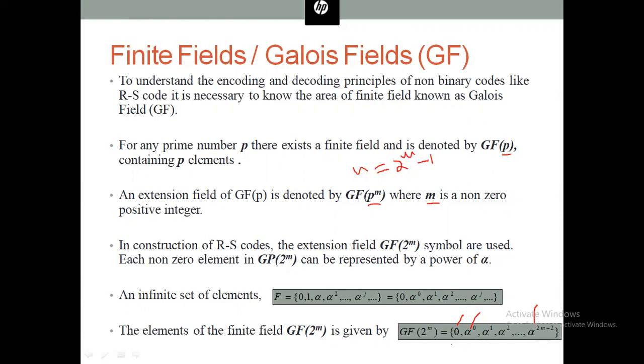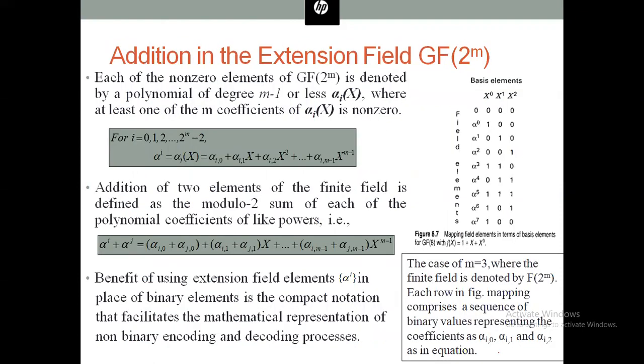So this Galois field is finite, having alpha equal to 2^m. There are particular rules for addition in the Galois field. First, we consider the polynomial alpha of x.